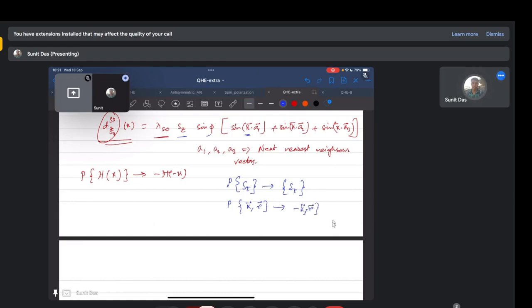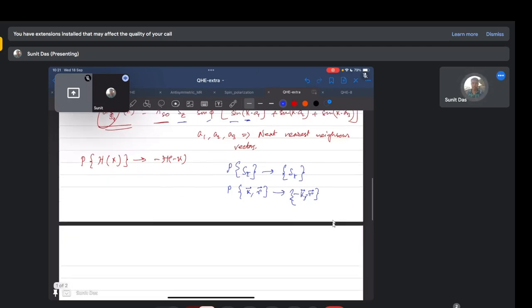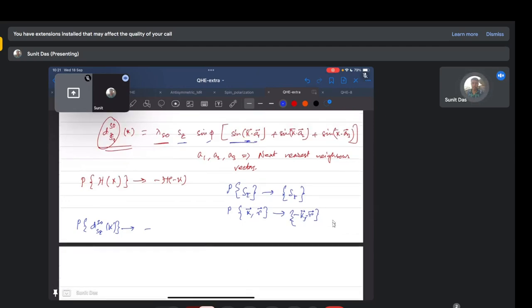So because of this, and since sine of minus theta is minus sine theta, under parity d_SO s_z of k goes to minus, where the minus comes from k becoming minus k and the sine becoming minus sine of k dot a.